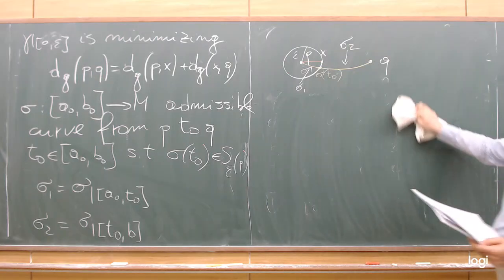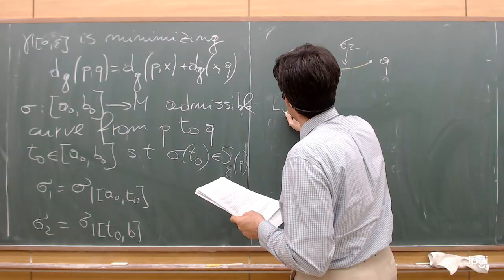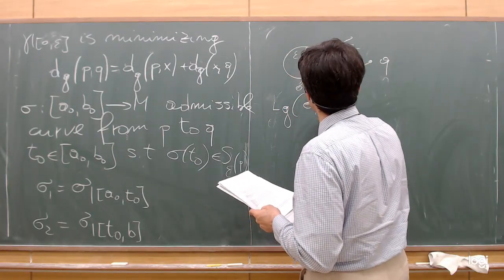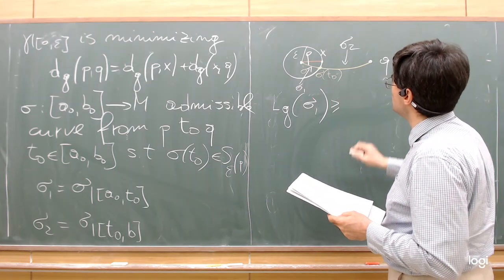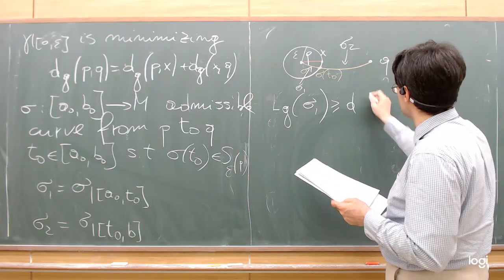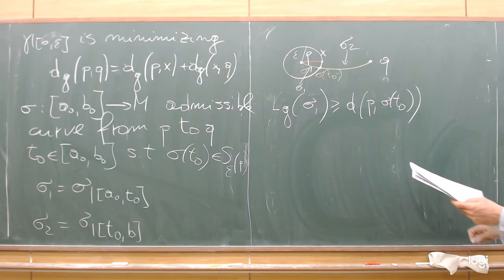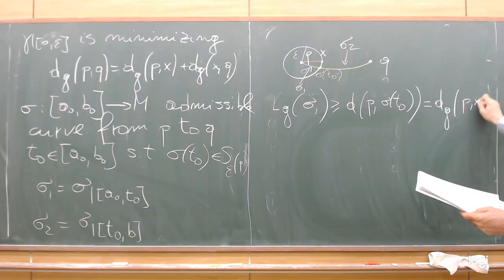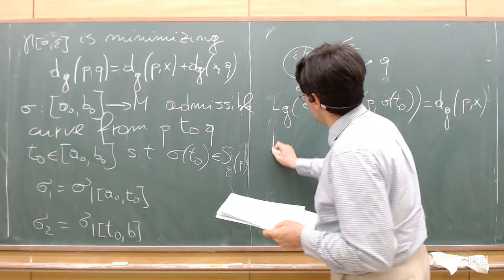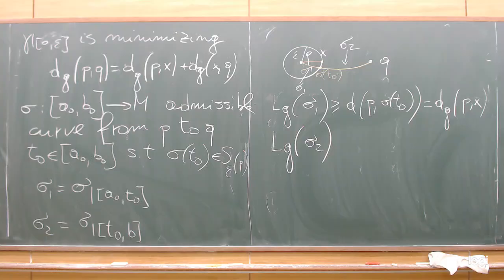It is clear from the picture that the length of sigma 1 is larger or equal than the distance from P to sigma(t0), which is also the distance from P to X. Instead, what about the length of sigma 2?